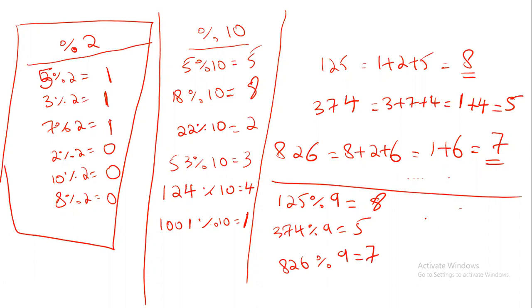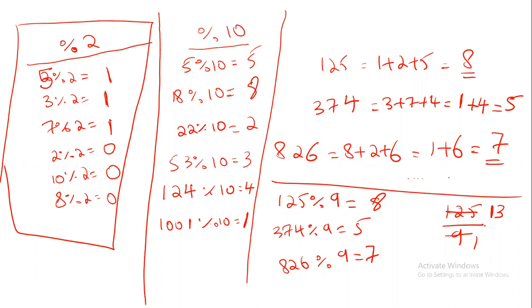So how to calculate that? See, I'll do it like this: 125 by 9. 9 ones are 9. How many more is remaining? 3 more is remaining, 35. How many times 9 in 35? 9 five is 45, 9 four is 36, 9 two is 18, 9 three is 27, right?